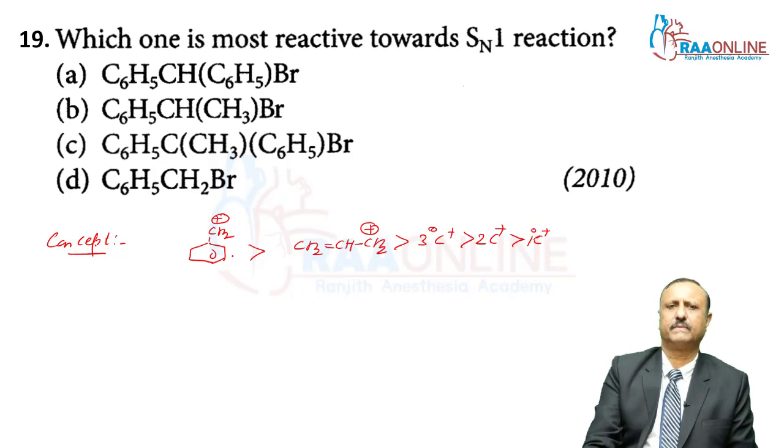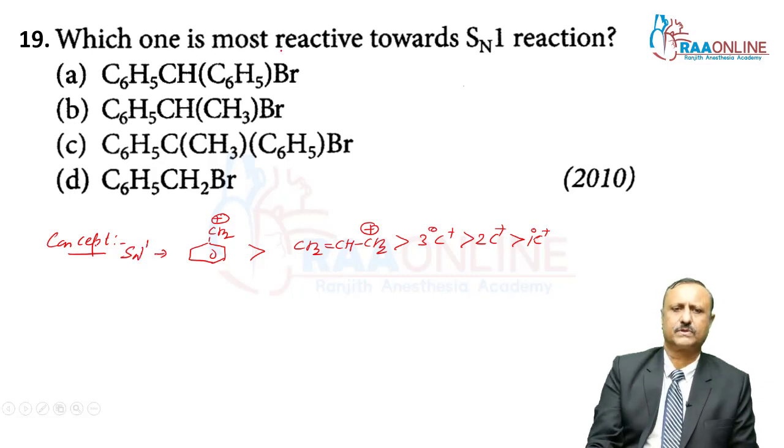Here, my dear friends, the benzyl carbocation is most active, so you can see in which compound these carbocations are formed. You can see, for option A, you can draw the structural formula. This carbon atom, this carbon atom is attached to this benzene ring.